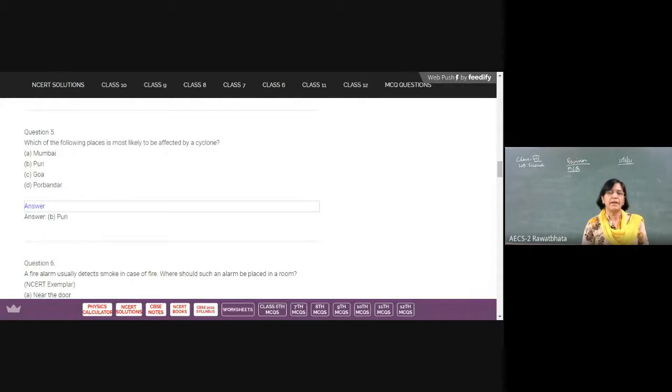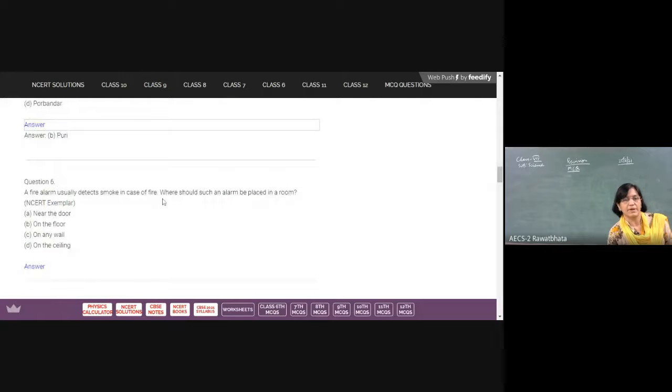I told you about the belt. Those areas which lie in that region will be expecting more cyclones. On both sides of the equator, till the Tropic of Cancer, in that area. You must never have heard about Goa, but Puri is very common. And next to Puri is of course Mumbai. So Puri is most likely to be affected.